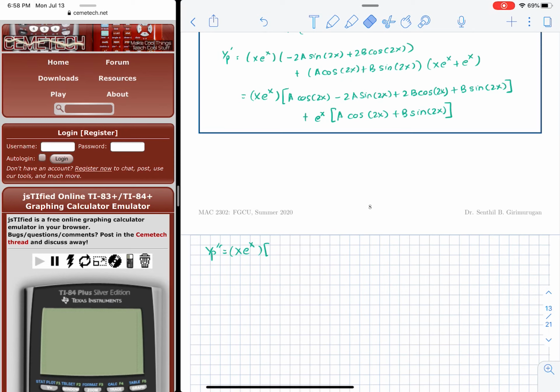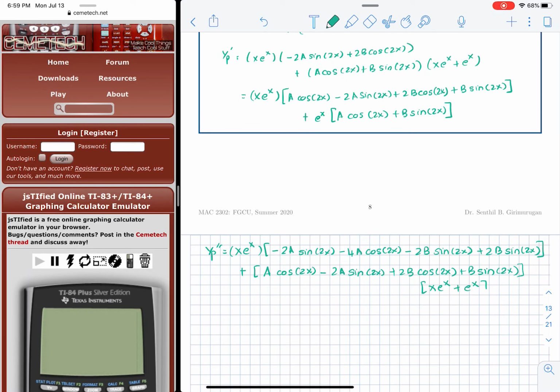We have to find the derivative, so minus 2a sine 2x minus 4a cosine 2x minus 2b sine 2x plus 2b sine 2x and plus a cosine 2x minus 2a sine 2x plus 2b cosine 2x plus b sine 2x, multiplied by x e raised x plus e raised x. Product rule.